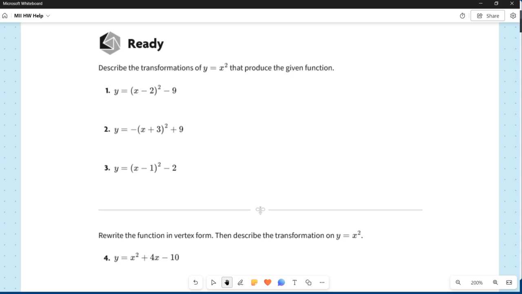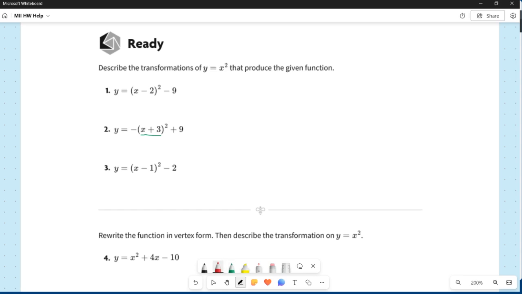Unfortunately, we can't just list the three in any order that we want, because the order matters. So we have to go in a specific order. The first thing we need to talk about is what's going on inside the parentheses, which is the x plus 3.